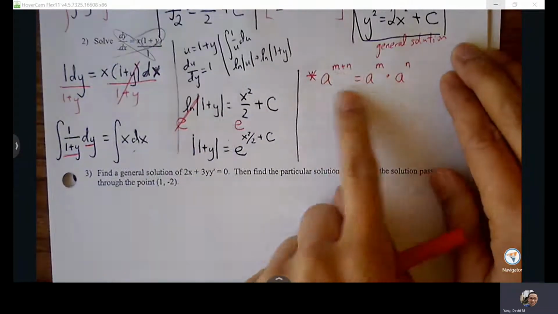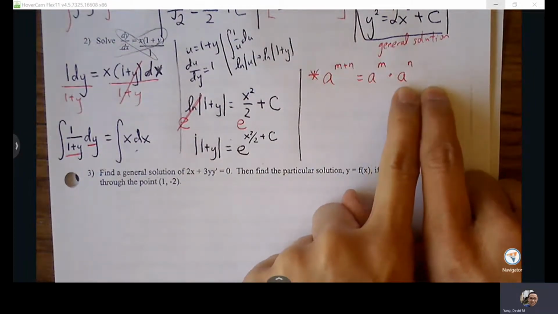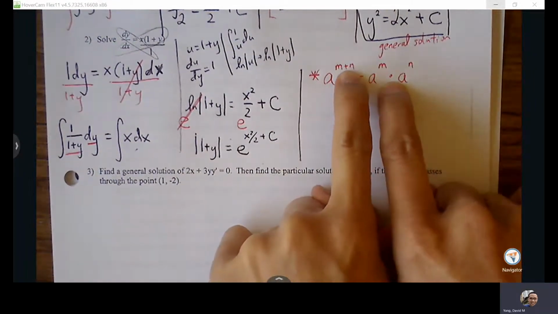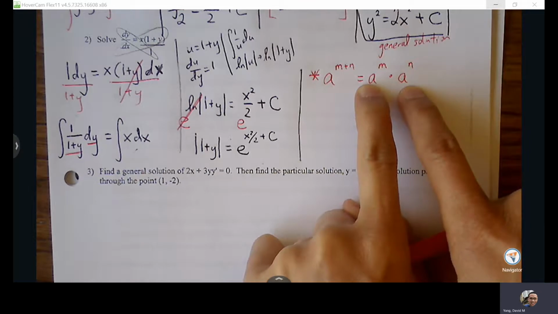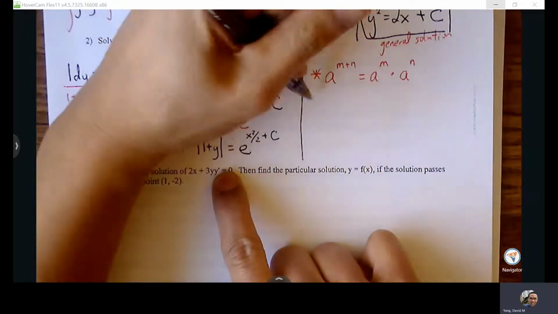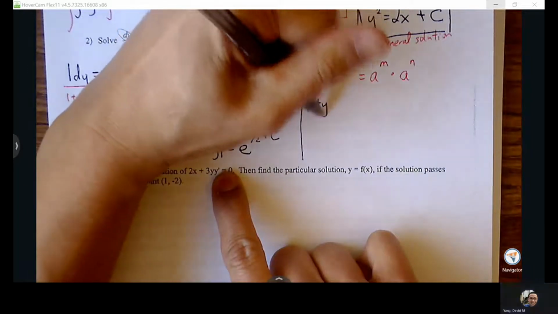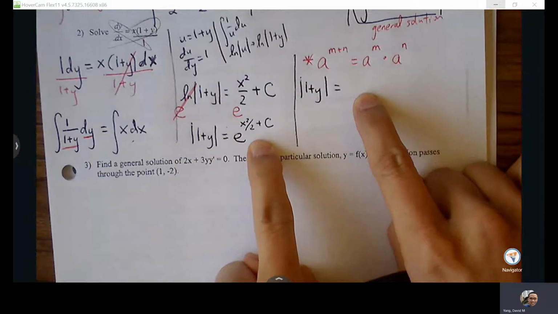So a to the m plus n can be split up into a to the m times a to the n. Look at that change in operation here. A plus sign in the exponent is going to turn into a multiplication sign once the bases are split up. So look, I'm going to recopy the left side here. How would you apply this property to this right side of this equation?